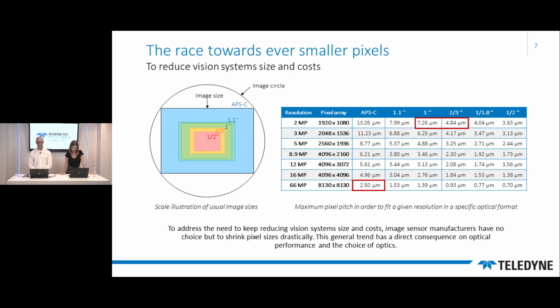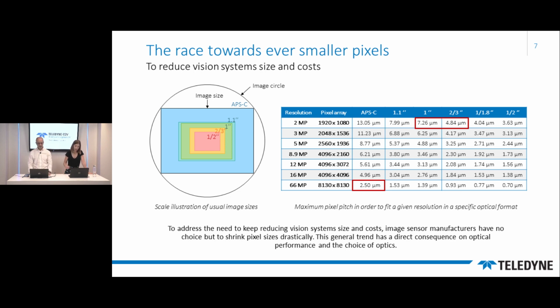So you can see the image circle and image size can have a significant impact on the size of your imaging system. I display here some of the most common optical image sizes that are used in industrial vision applications.